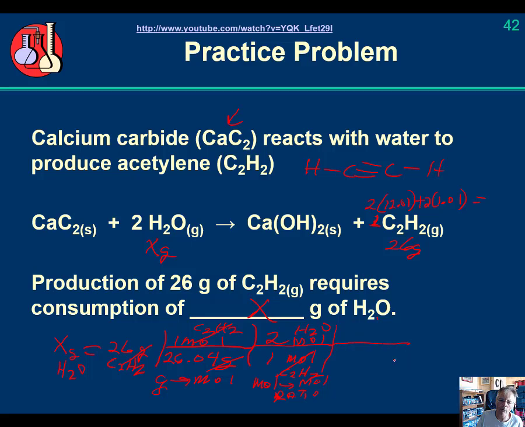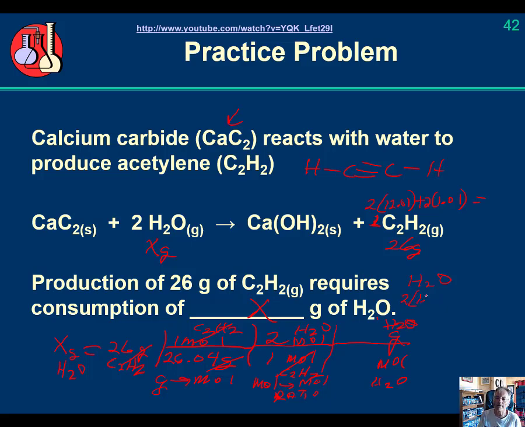Last step, I need to go from moles of H2O to grams of H2O. Now, I will tell you this. We do most of our chemistry in this course in water. You need the molar mass of water, and rather than have to figure it out each time, it's really handy if you just know it, because it's so easy, and we've worked with it before.